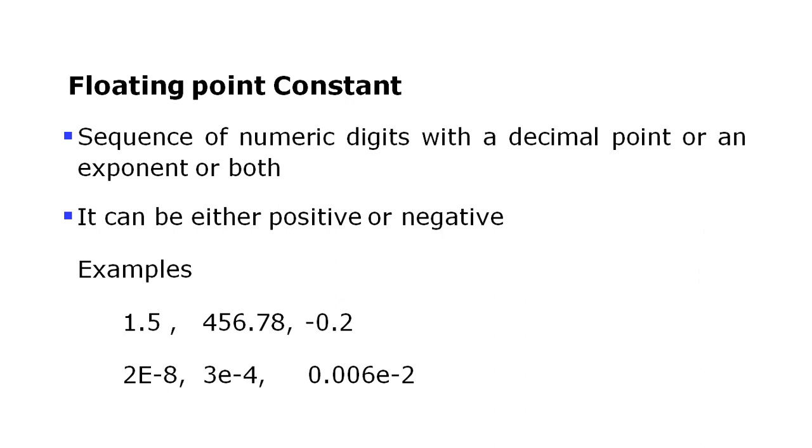A floating point constant is a sequence of numeric digits with a decimal point or an exponent or both.